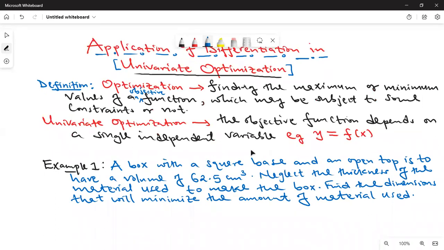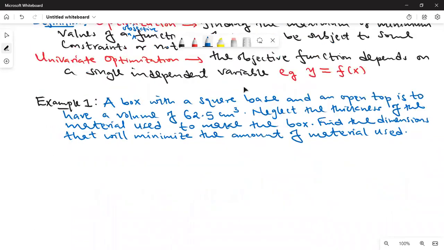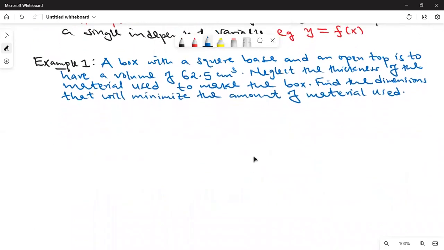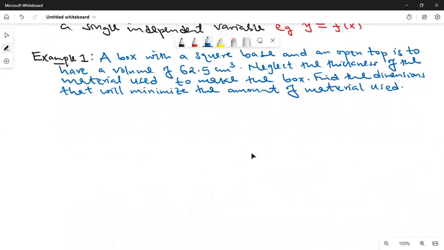So the best way to tackle this problem is to sketch the box in question. So this box is just like a cuboid where the base is a square. So we are going to sketch it, a box.